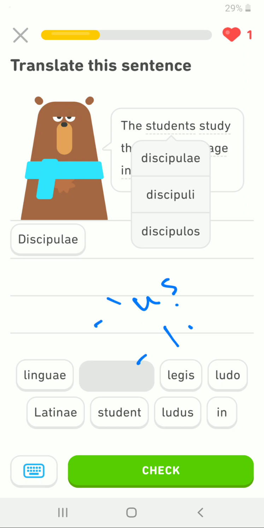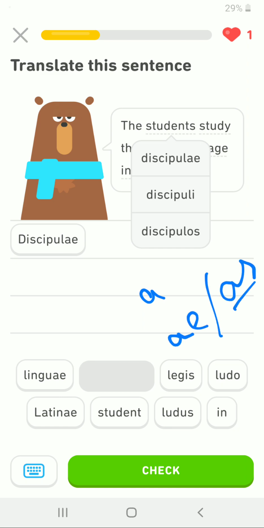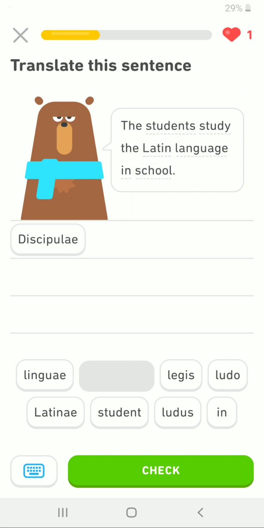These are nominatives, masculine singular and masculine plural, respectively. And then we have discipula, and if it's plural, is it discipuli or is it discipulas? I'm starting to think that it is discipuli because it is a subject here. So let's consider it like this.